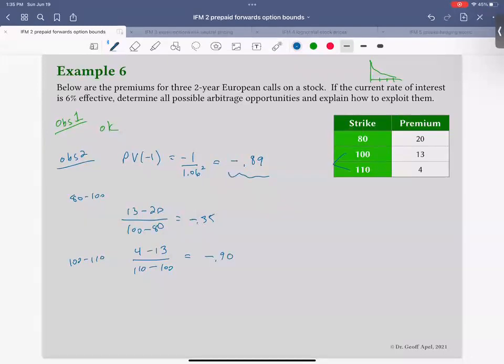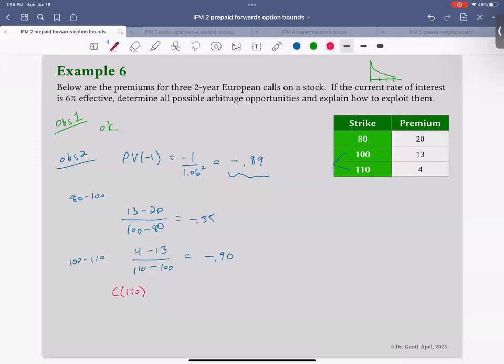Ooh, that one is bad. That's going to violate arbitrage, right? Because it's more steep than the threshold I set. Okay, good, that's a good thing to know. So let me exploit the arbitrage. What would I have? Well, this is the call at 110.